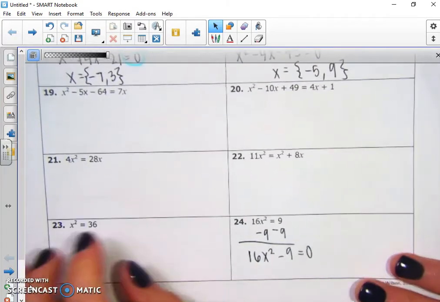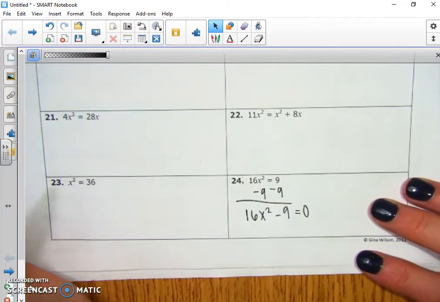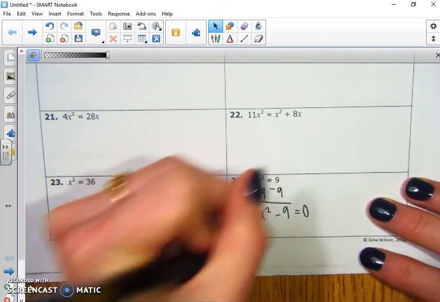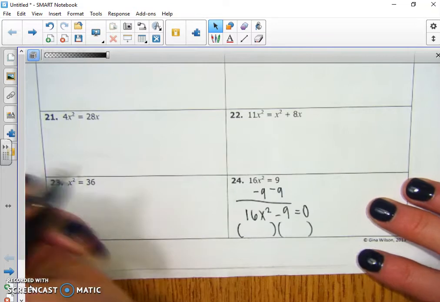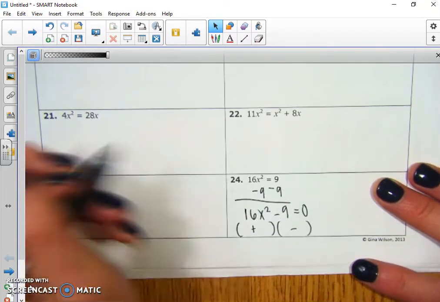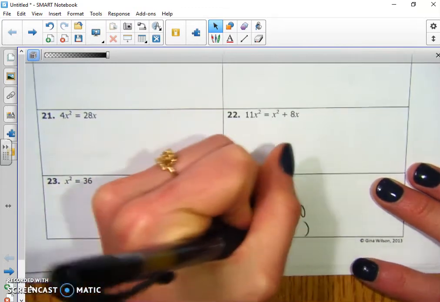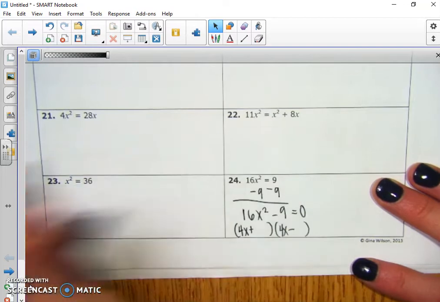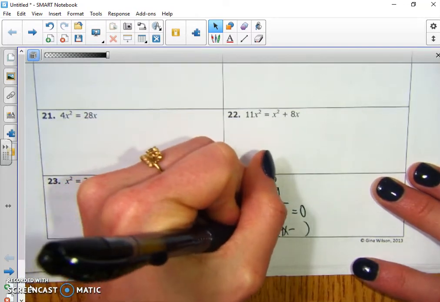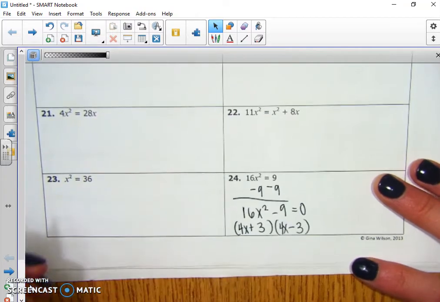I can do a couple of things here. If you notice, 16x squared and 9 are both perfect squares. So we could use difference of squares and just say, okay, one's got to be plus, one's got to be minus. 16x squared, the square root of that is 4x. And then 9, the square root of that is 3. And then we set both of those equal to 0.